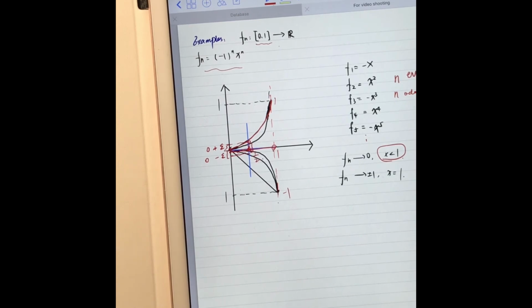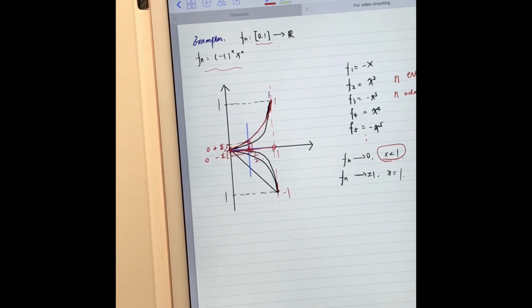It can easily be verified by using that theorem. That is to say, the functions in that sequence fn are all continuous, right? But the function that the sequence of functions is converging to is not continuous.